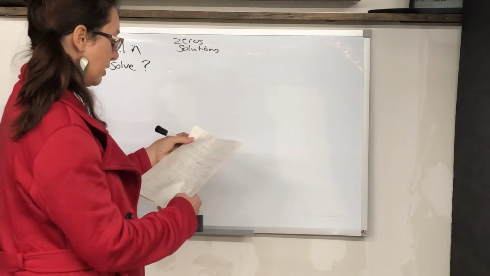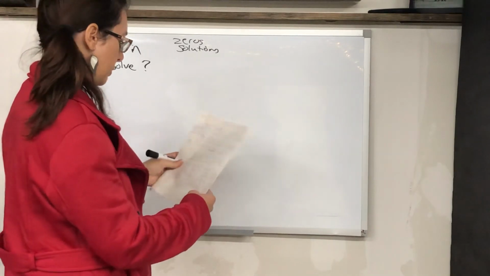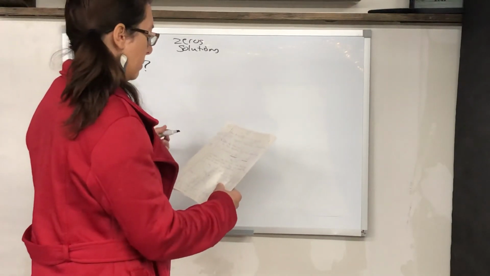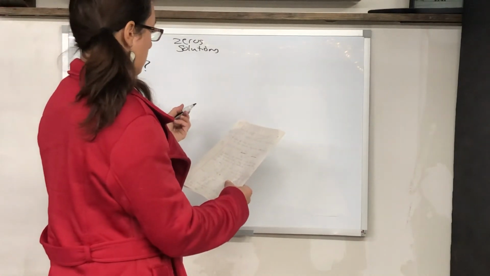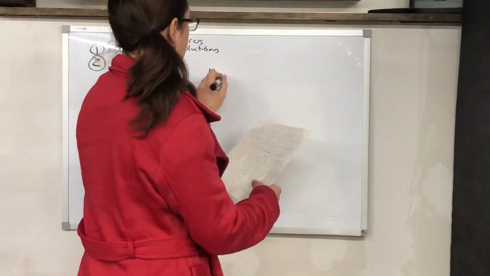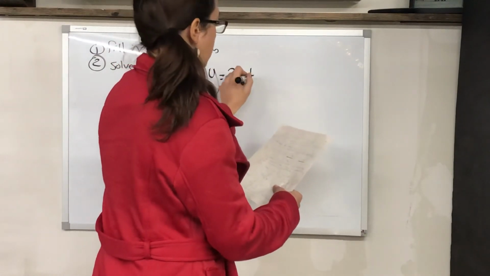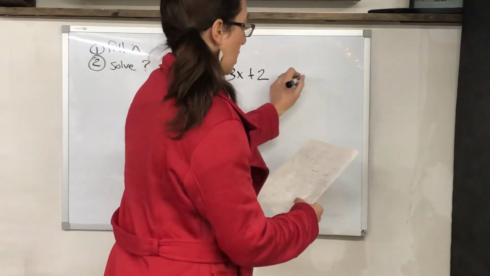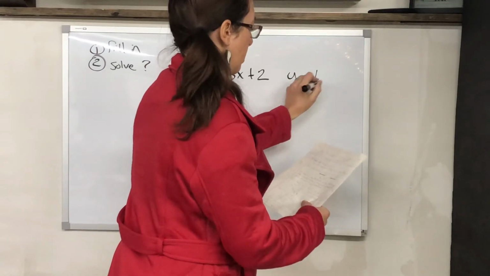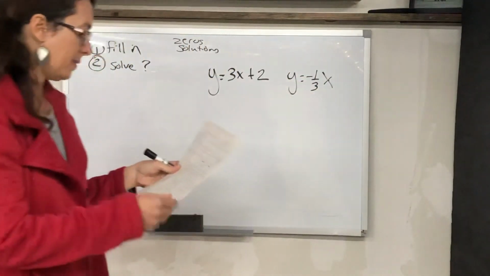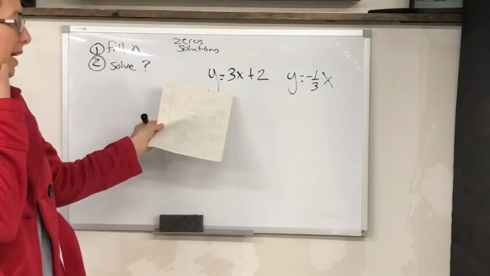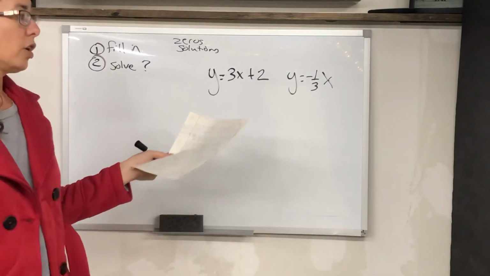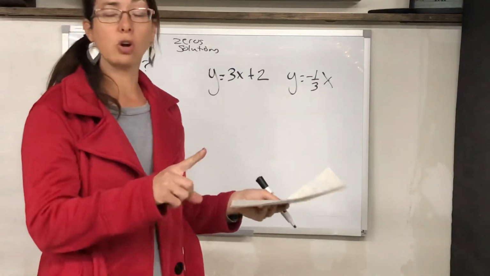Let's do another one where we can compare them. If we have y equals 3x plus 2 and y equals negative 1/3 x, we want to know, one, do they cross?